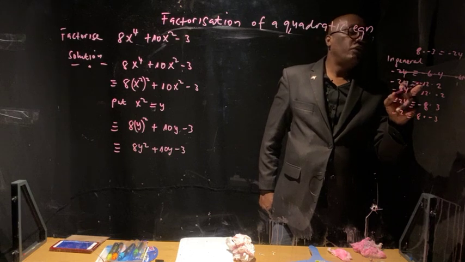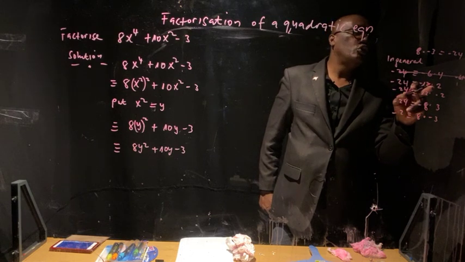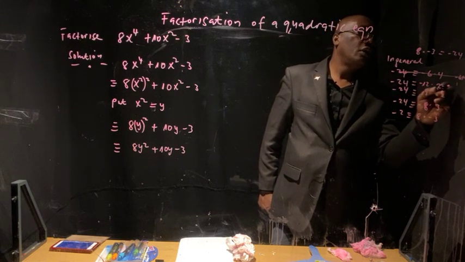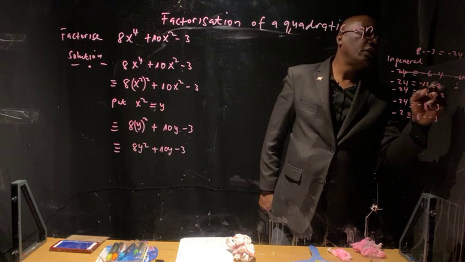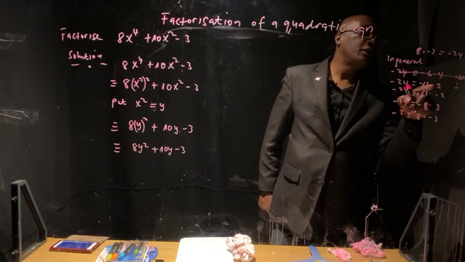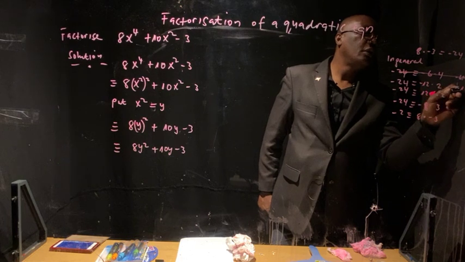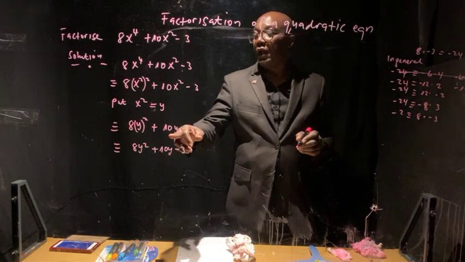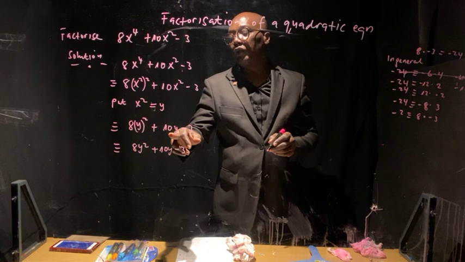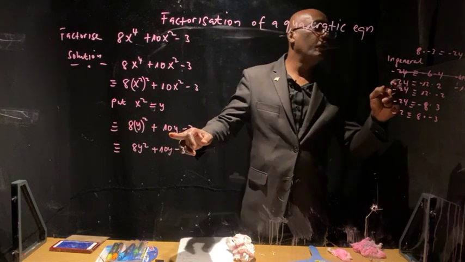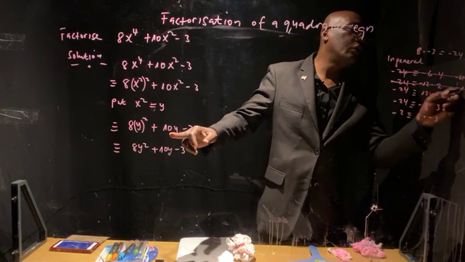Minus 12 times 2. If I add minus 12 plus 2, I will have minus 10. Is the coefficient of y minus 10? Oh no, it is plus 10. Therefore, this one is ruled out.